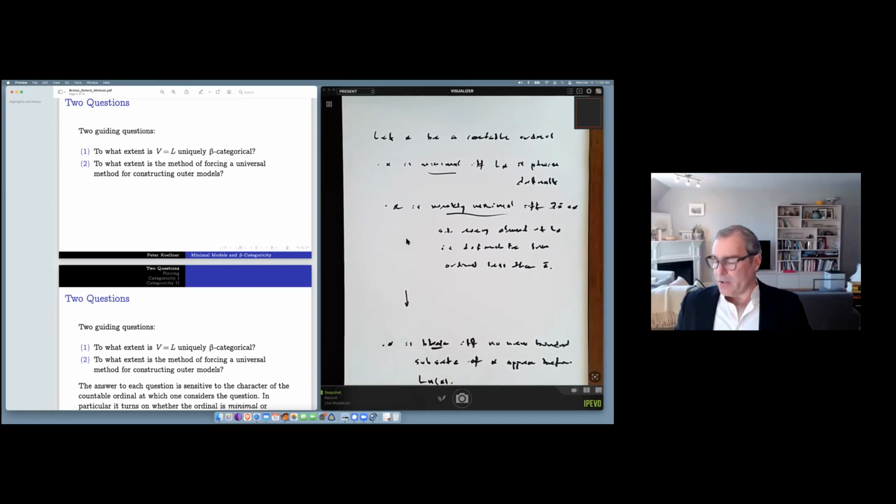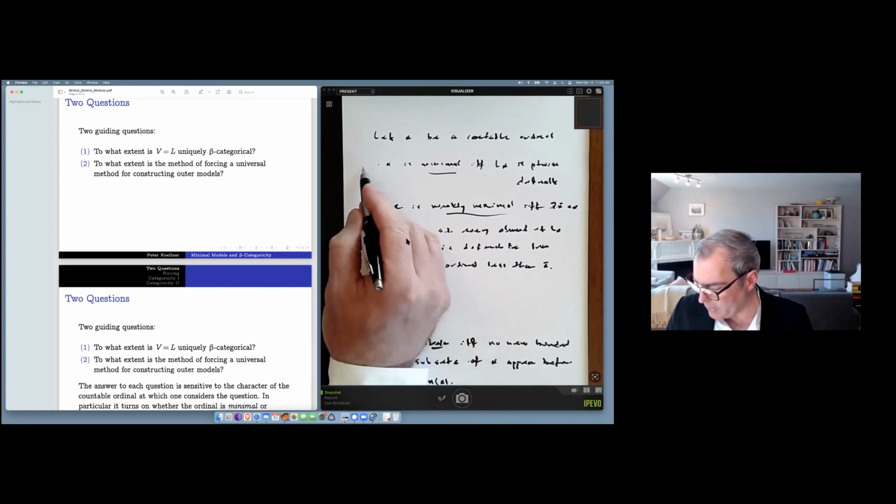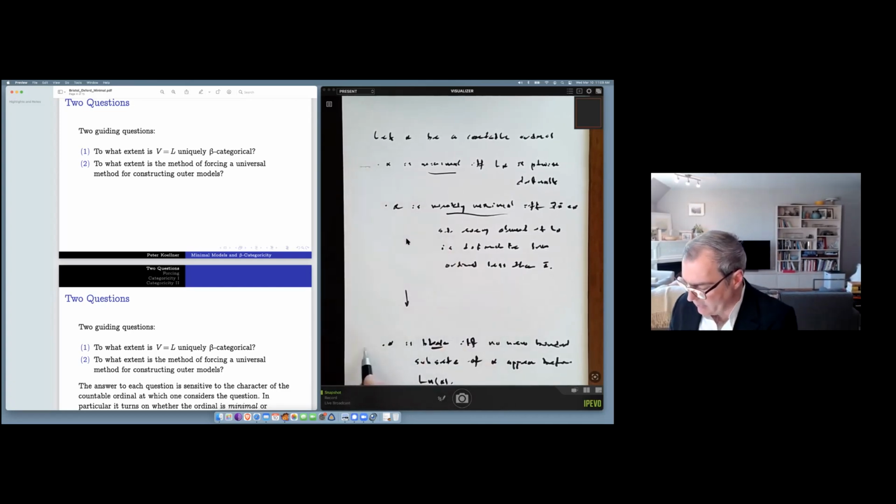Okay, so there's a spectrum here, and the behavior with regard to these two questions is really sensitive to which of these stages you're at.